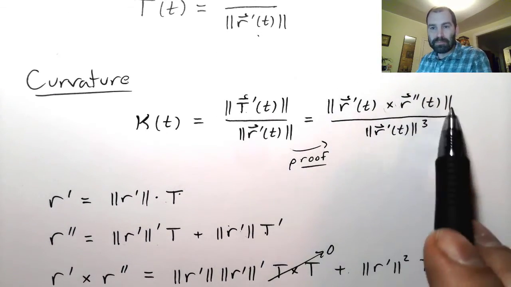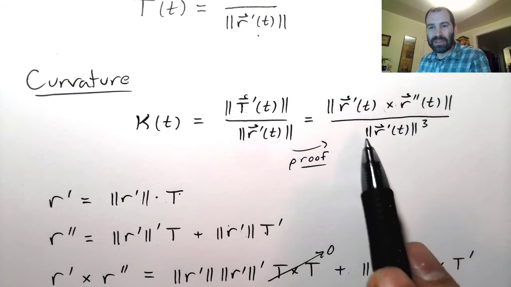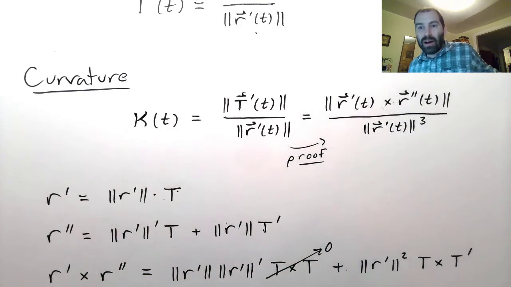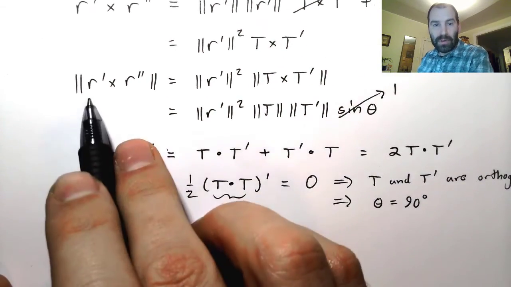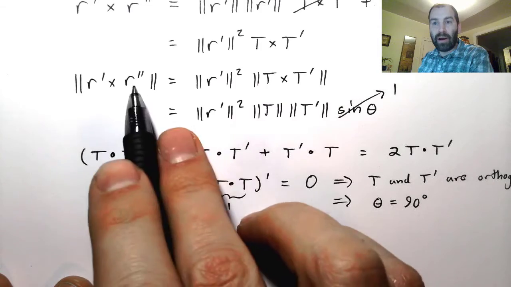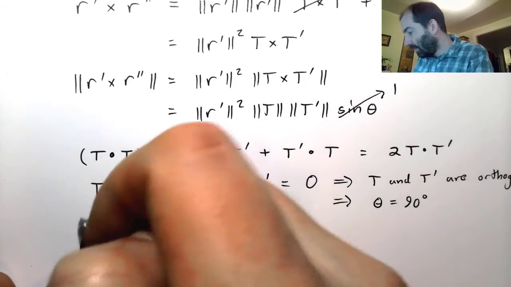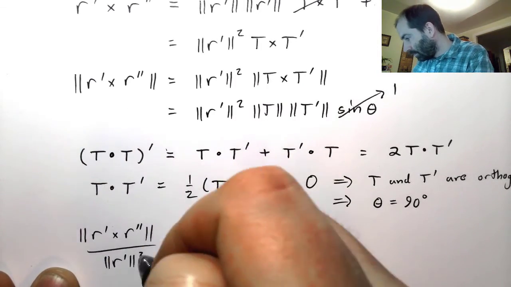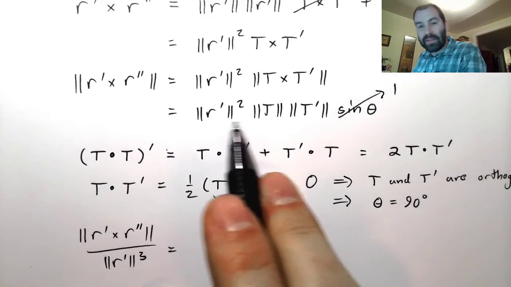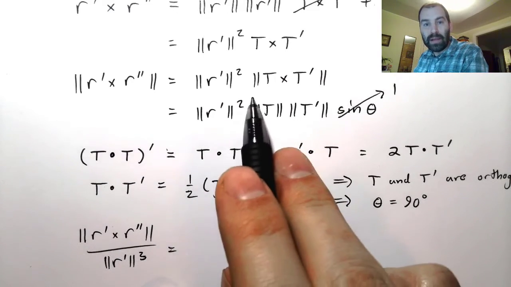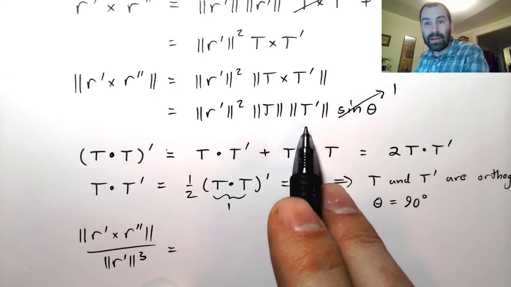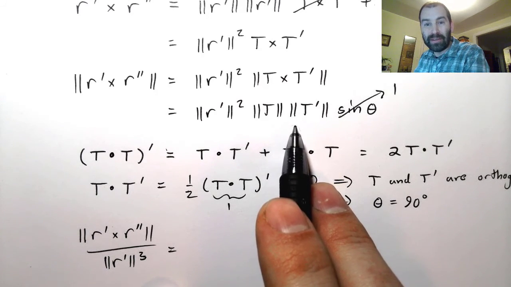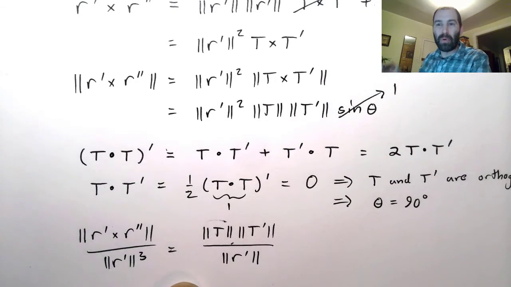Okay, to see what this thing becomes, we just need to divide by the magnitude of r prime cubed. Let's do that. So I'm going to divide both sides of this by the magnitude of r prime cubed. And what do we get here? Dividing this by r prime cubed cancels these, leaves a magnitude of r prime in the denominator. But what do we also know?